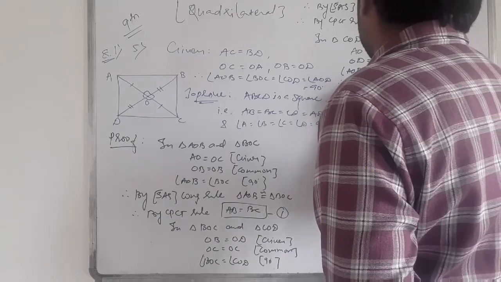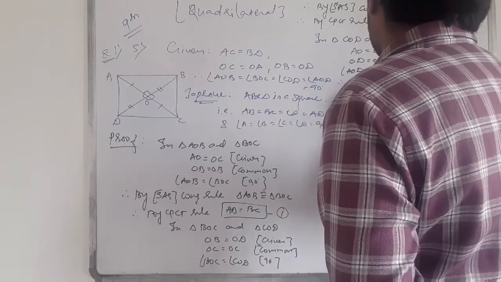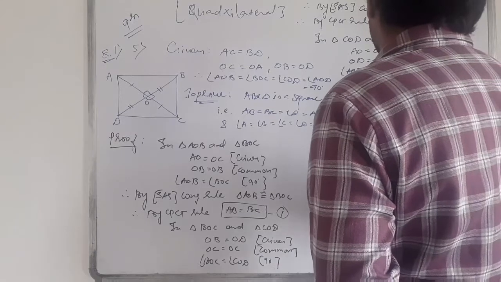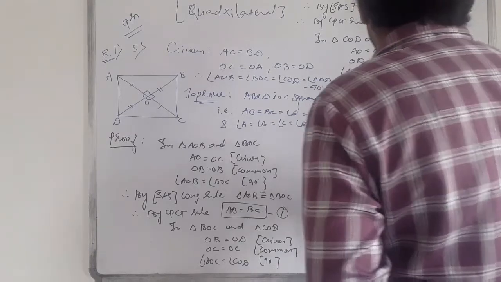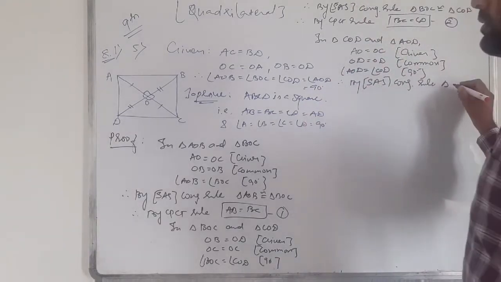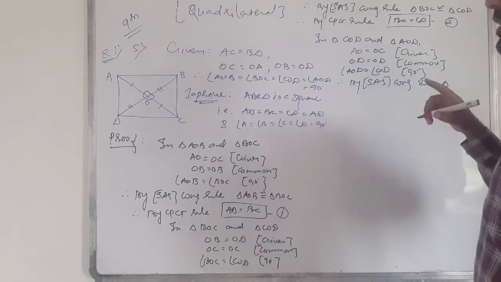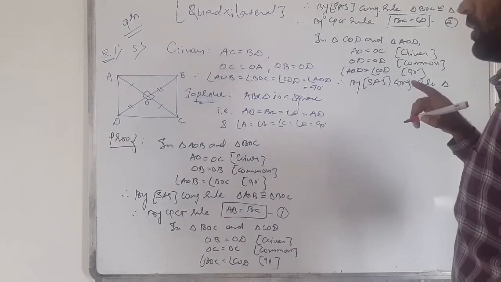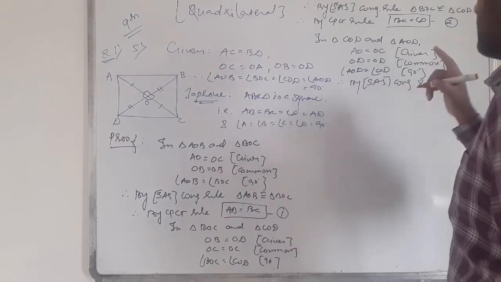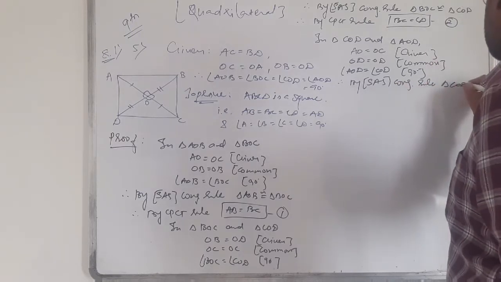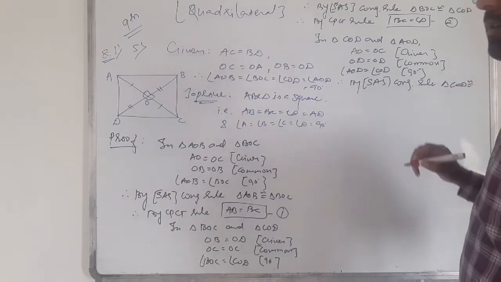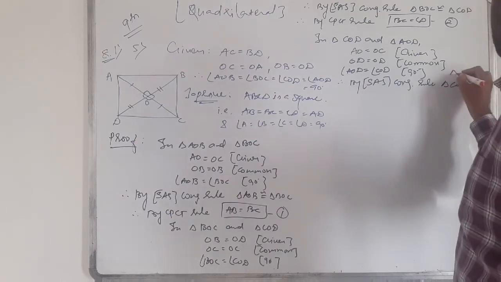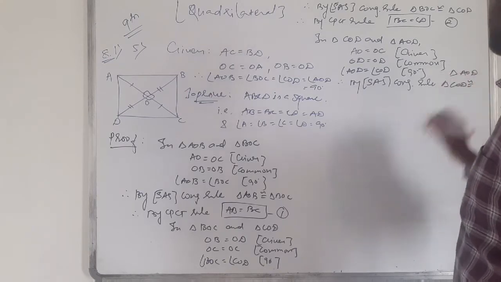Therefore, by the side angle side congruency rule, triangle COD is congruent to triangle AOD.